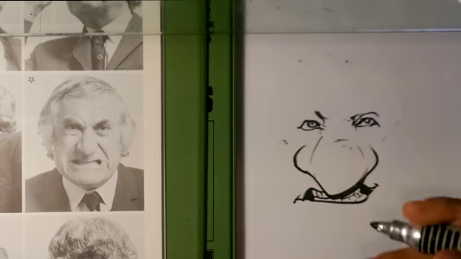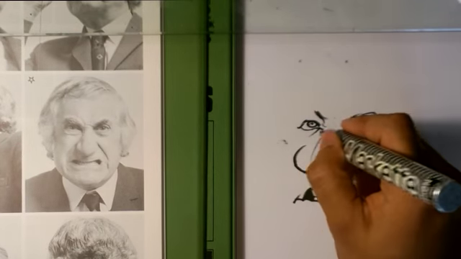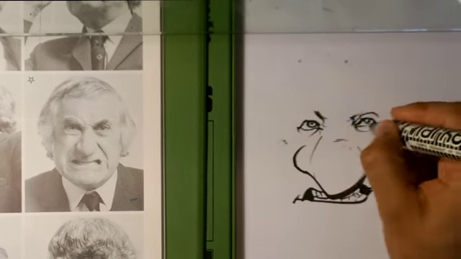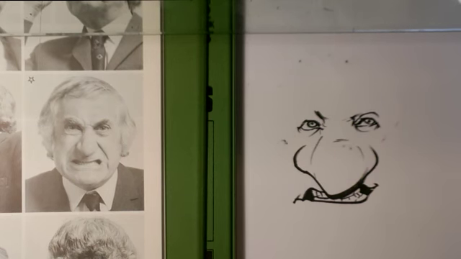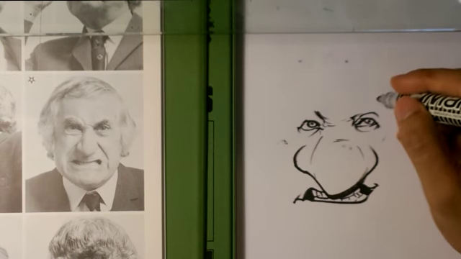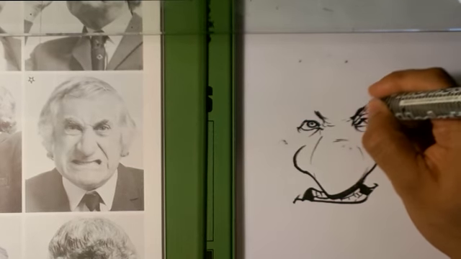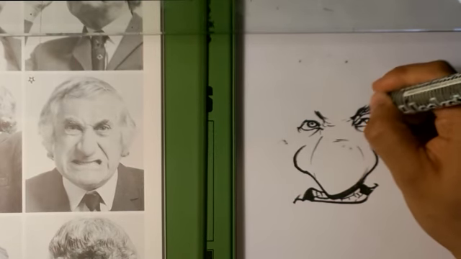I gotta remember, he is an older man, so I'm gonna draw the lower lid, just put a little dash there. Maybe a little bit more, but not too much. You don't want to make him look like the Crypt Keeper. His eyebrows are really bushy, so I'm gonna make those bigger too, to kind of emphasize how bushy those things are. And they're kind of dark too.